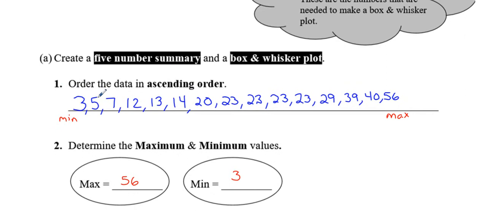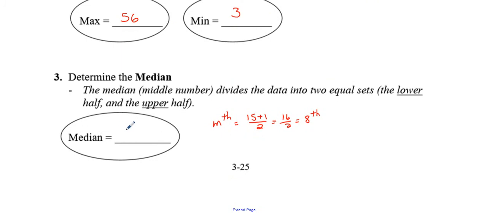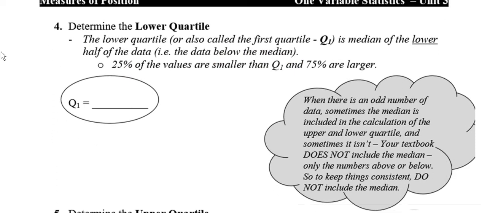So 1, 2, 3, 4, 5, 6, 7, 8. So this here is the median. Remember that if there is an even number of data and there are 2 middle numbers, you would have to take the mean or the average of the 2 middle numbers, and the median would be in between. So our median is 23. So those are the first 3 of the 5-number summary.